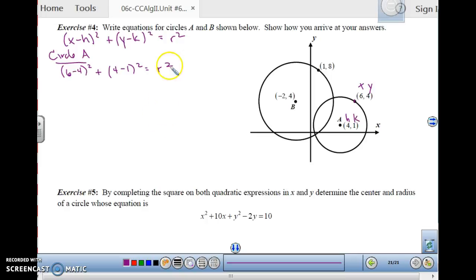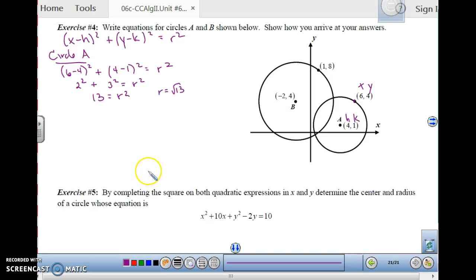Well, we have everything except for the r squared, so we can find it. 6 minus 4 is 2 squared. 4 minus 1 is 3 squared, equals r squared. So this is going to be 4 plus 9, which is 13, is equal to r squared. So technically, r squared is equal to 13. That means the radius is going to be the square root of 13.